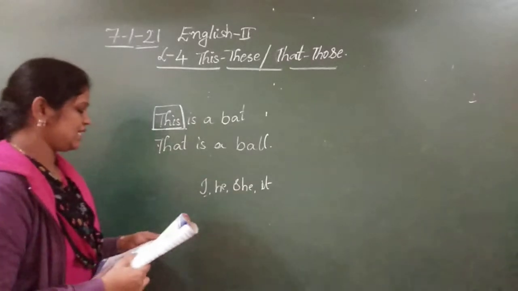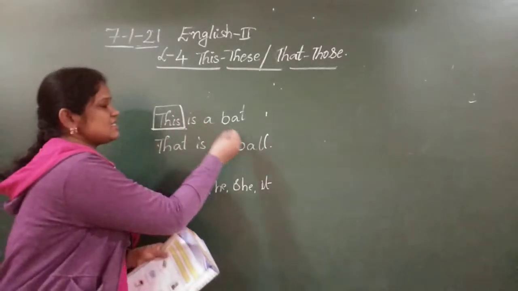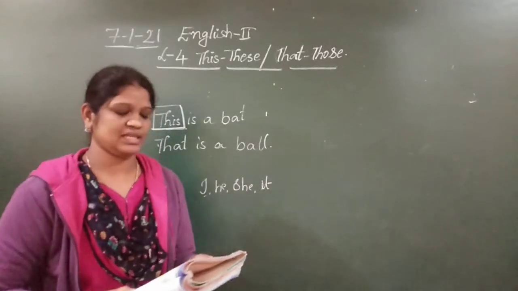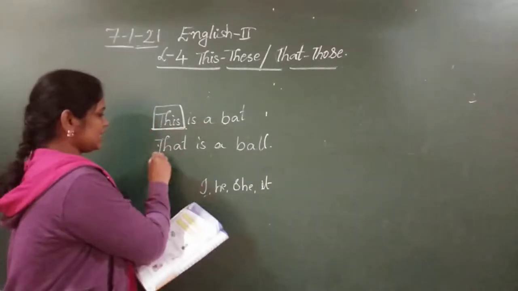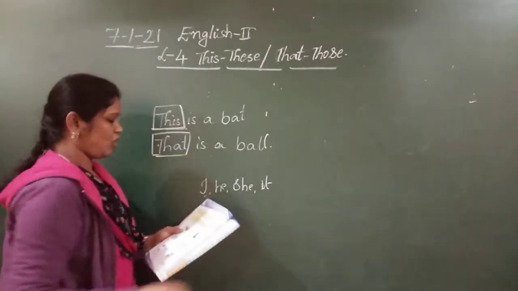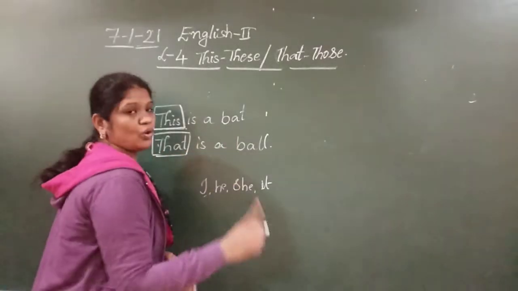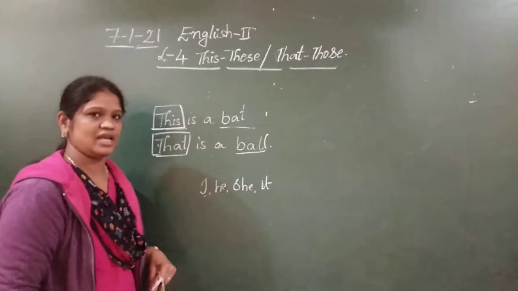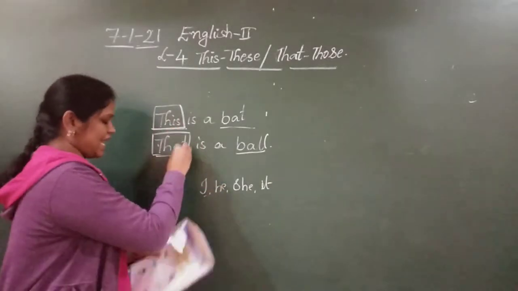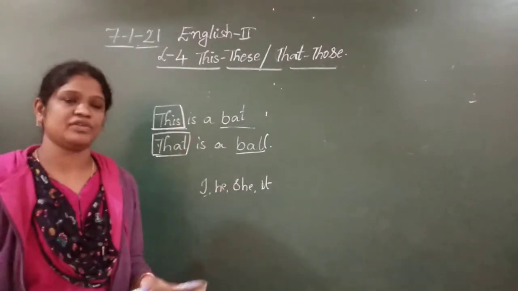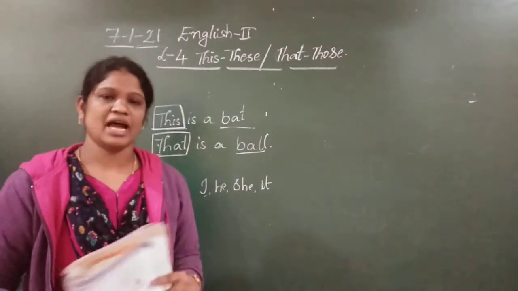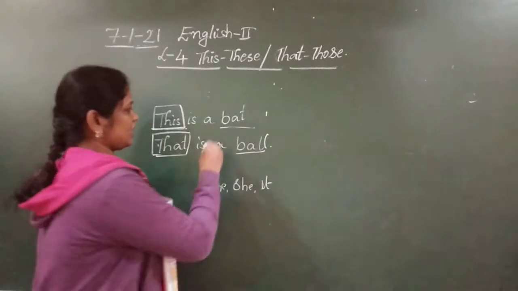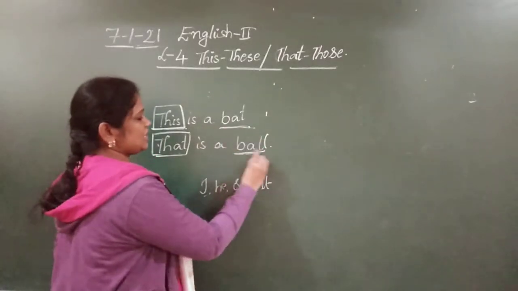Okay. See, this is a bat. This is a bat, and that is a ball. We are talking about only one bat and one ball. Yes or no? So this and that are for naming words that mean only one. We are talking about only one particular thing.